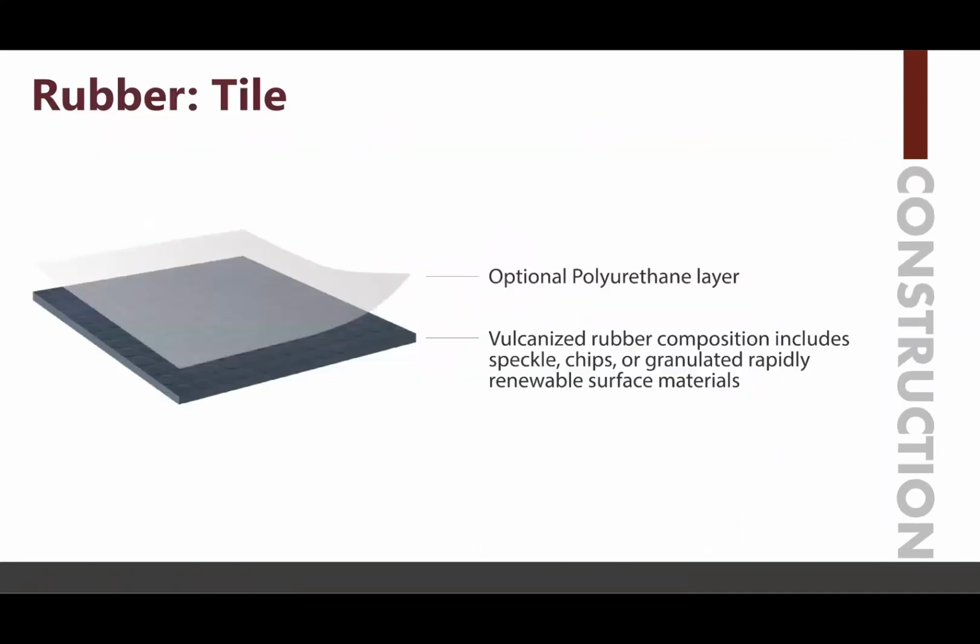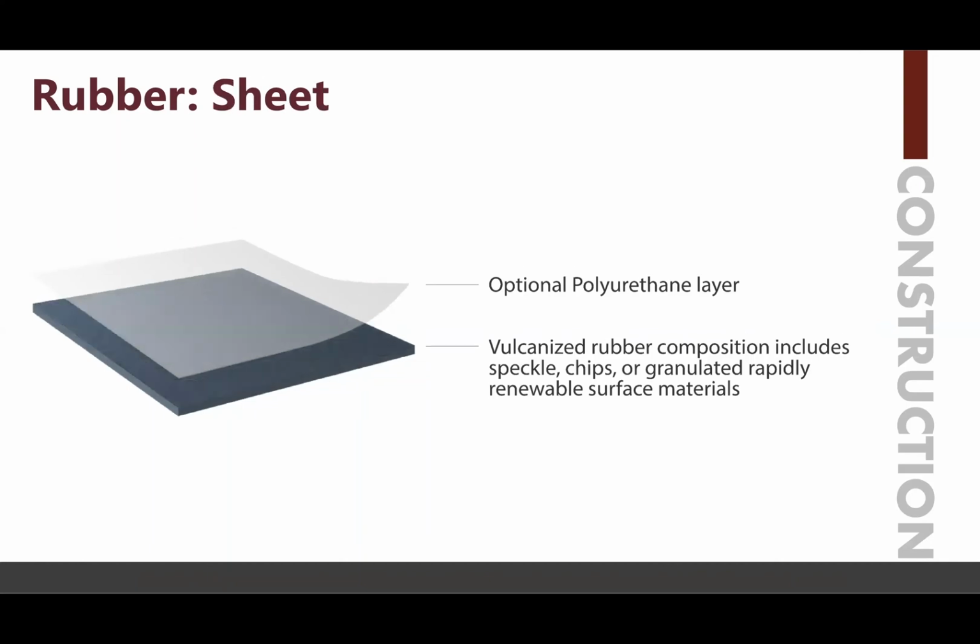So rubber tile usually has an optional polyurethane layer, but its vulcanized rubber composition includes speckles, chips, or granulated rapidly renewable surface materials, depending on the product composition. There is also a sheet product that is very similar to what you have, except it's in sheet form instead of tile form.